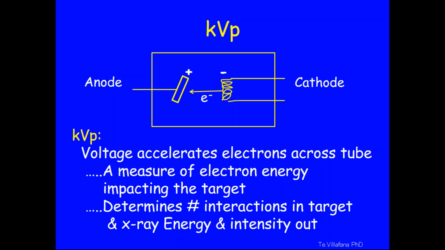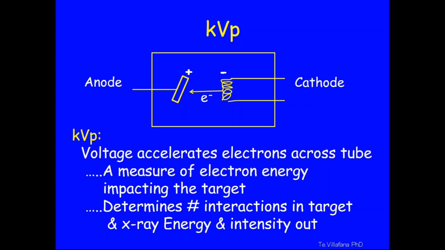Okay, but so what? What does that determine? It determines the energy with which the electrons bombard the target. It's the accelerating voltage. It's the voltage that gets the electrons to move faster and faster and therefore pick up more and more kinetic energy, energy by virtue of motion.